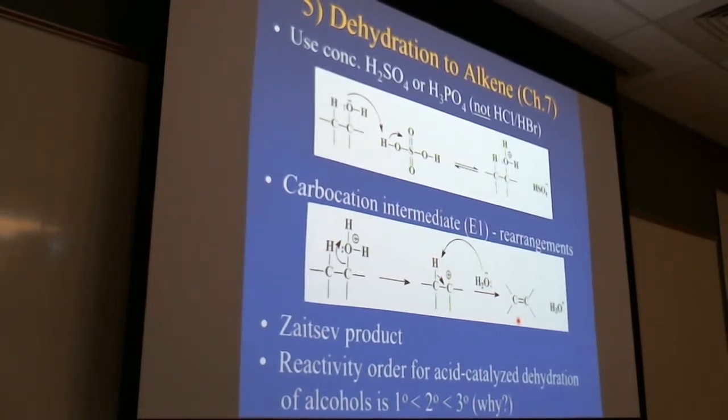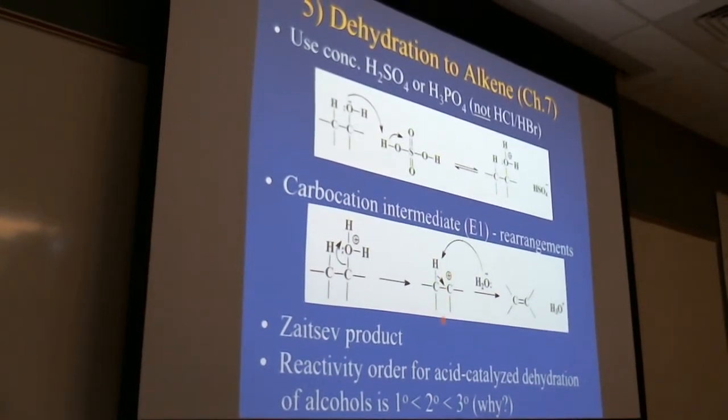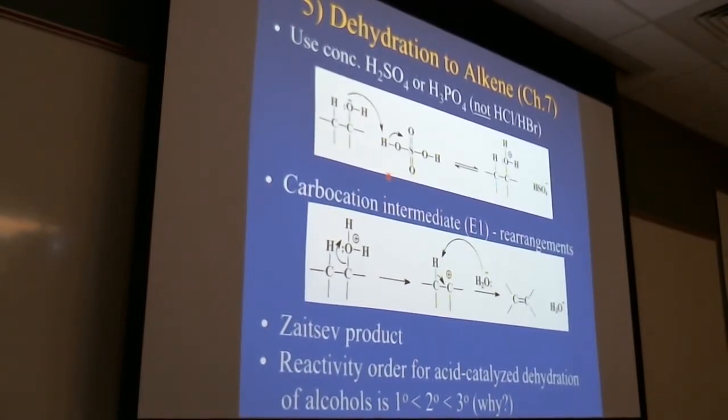Now, you remember, of course, that the best substrate for that would be tertiary, because your tertiary carbocation is your most stable, the one that is not going to rearrange. Also, there's more than one possible product in terms of elimination.